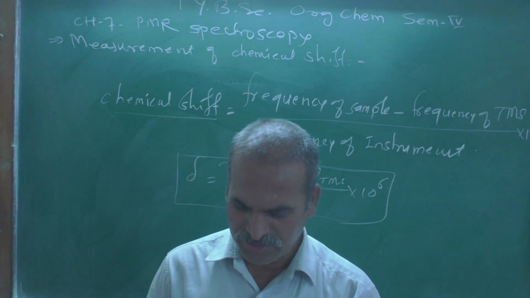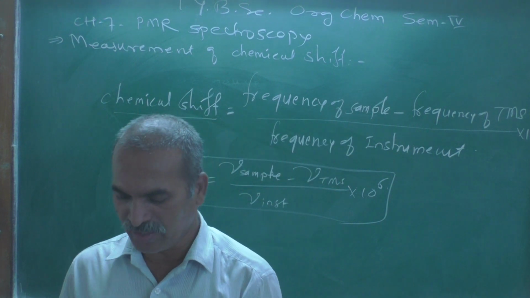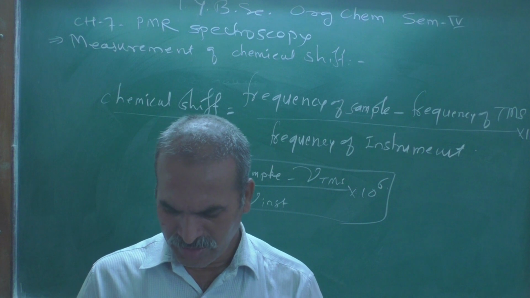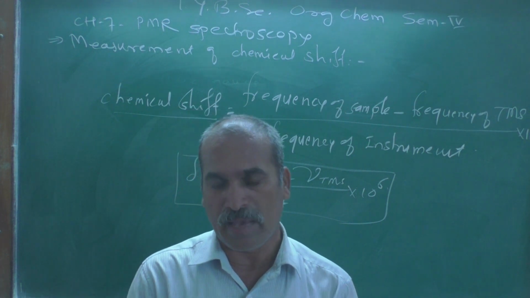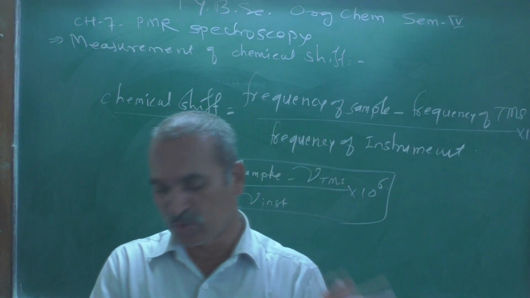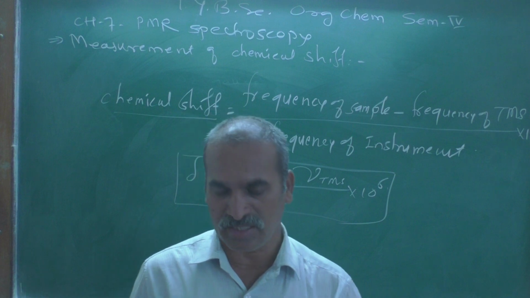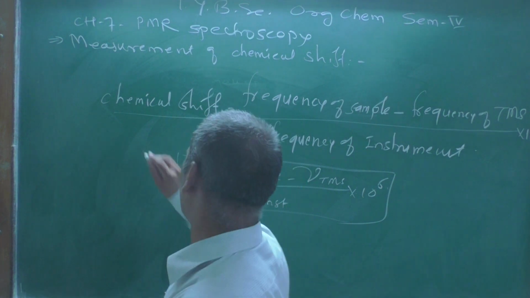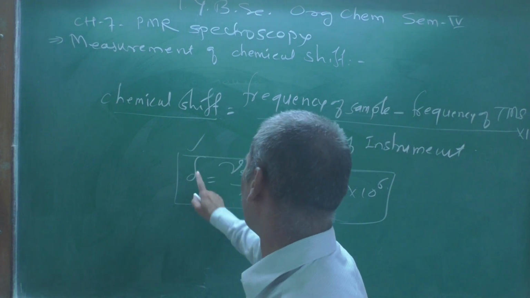Again I am repeating the definition of chemical shift: the separation between the peak position of the sample with respect to the TMS proton is known as chemical shift, and mathematically it is represented as delta.